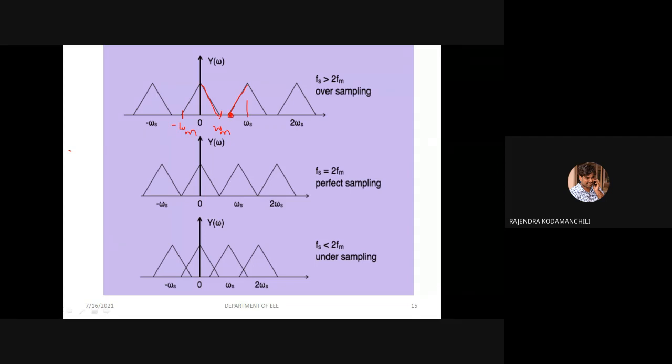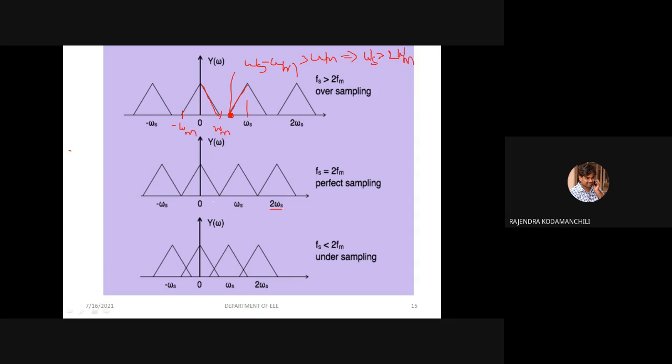Higher value minus lower value gives omega s minus omega m, and this point is greater than omega m. So we get omega s greater than 2 omega m. This is the first case.